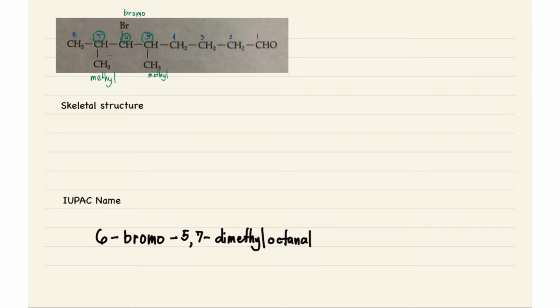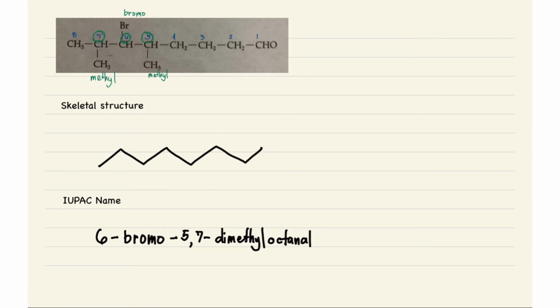Now, let's try to make its skeletal structure. It is actually very easy to draw. Always remember that every edge is counted as 1 carbon atom. So we just make the parent chain first, with 8 edges. So we have here 1, 2, 3, 4, 5, 6, 7, 8.